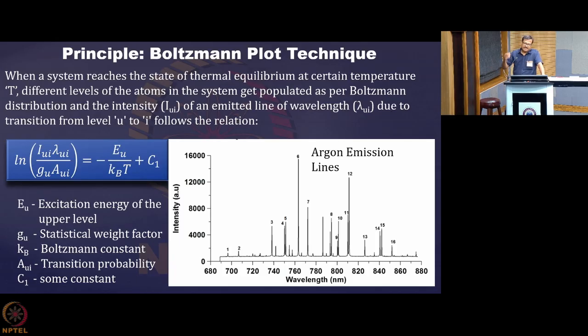So, a transition to one level gives you one intensity, and a transition to another level from the same upper energy level gives you another intensity. Their wavelengths will of course be different, but the upper energy level may be the same. This may happen, but in many cases, rather for most of the wavelengths you are seeing, the upper energy levels are different.